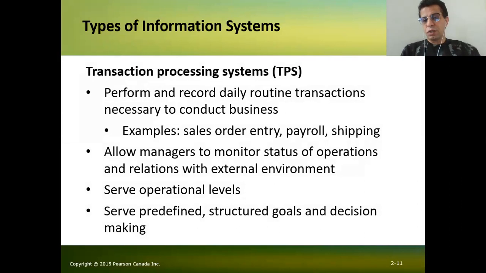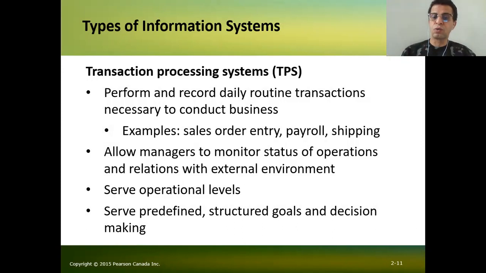As for types of information systems, there is something called a transaction processing system, abbreviated as TPS. It performs and records the daily routine transactions necessary to conduct a business. Daily routine transactions are, for example, sales order entries, payroll, and shipping.